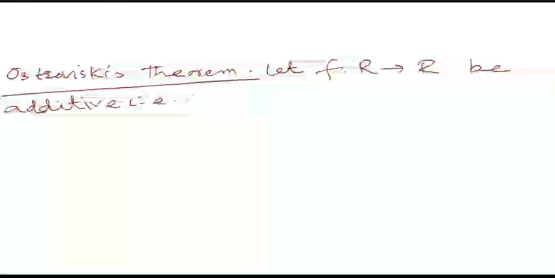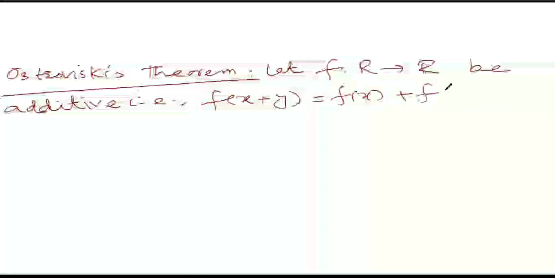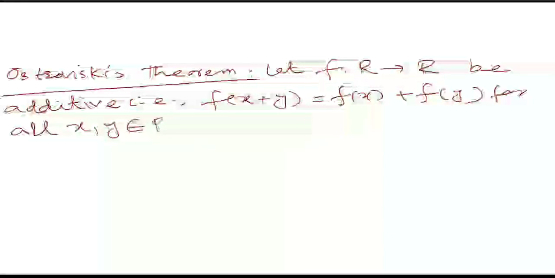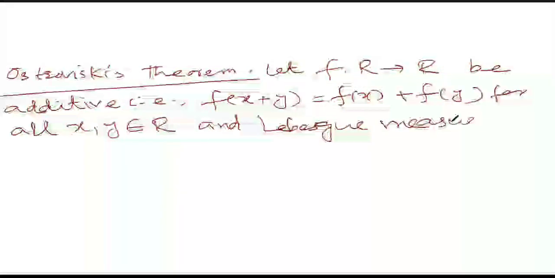Additive means that f of x plus y is equal to f of x plus f of y, for all x, y belonging to R, and it is also Lebesgue measurable.